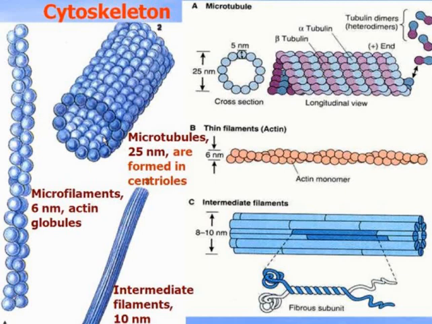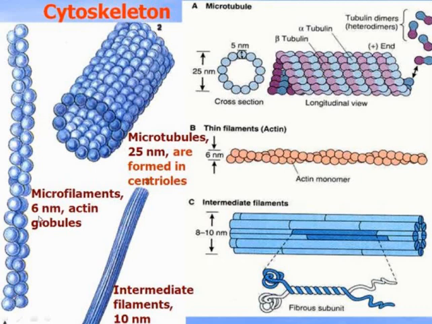The next organelle is the cytoskeleton. It is a complex organelle consisting of numerous microtubules, microfilaments, and intermediate filaments. Microtubules consist of molecules of the protein tubulin connected into chains, and chains produce the tubule. These tubules are 25 nanometers in diameter.